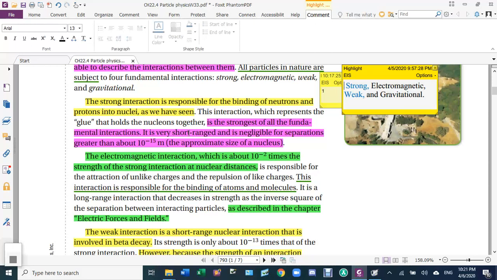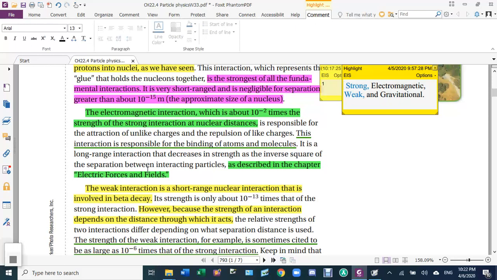It's very short range, and is negligible for separation greater than about 10 power minus 15 meters, the approximate size of a nucleus.